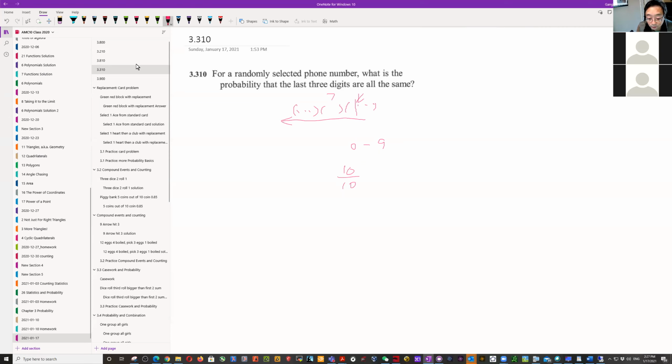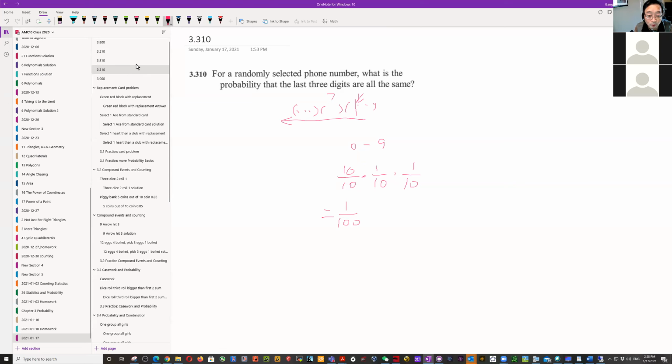I have 10 digits to pick from, 10 possible samples. As soon as this was settled, the next digit has only 1 out of 10 probability, because it was fixated on that number, whatever number you pick. You cannot pick another number. So it's going to be 1 out of 100.